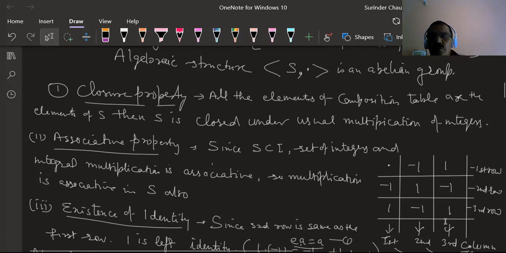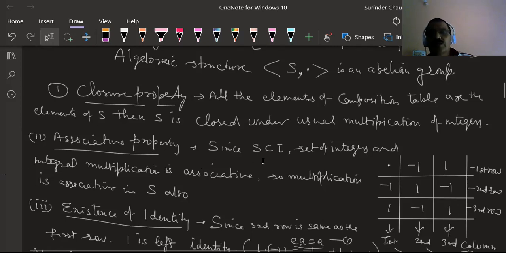This means that in this table we have applied all the possible binary compositions on the elements of S, and again we got elements belonging to S.